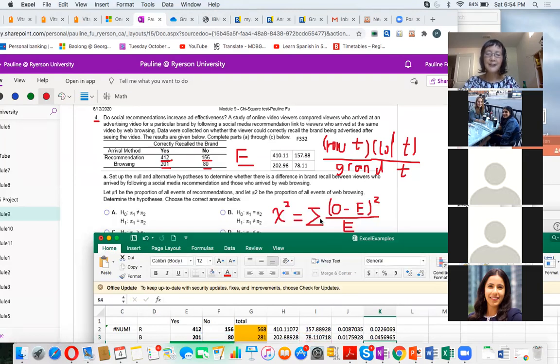So for the chi-square test statistic, did you see this sigma? You add all these four numbers together, and you get the chi-square test statistic. Okay. So I'm going to add all these four numbers together, equal to this number plus this number plus the rest. Add all numbers together, you get a test statistic.